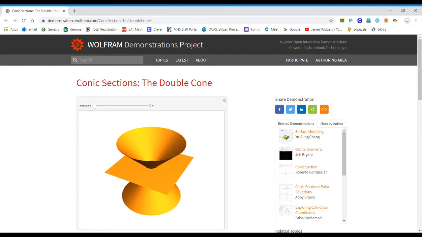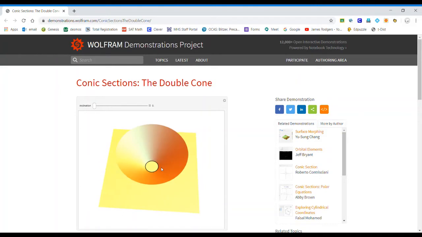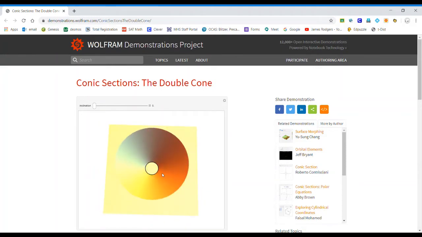Okay, so this website has a pair of cones joined at their vertices, and it allows you to manipulate it around a little bit. So you can see this plane is slicing through the top cone, and you can see that it's perpendicular to the axis of the cone, and so that would be a circle.